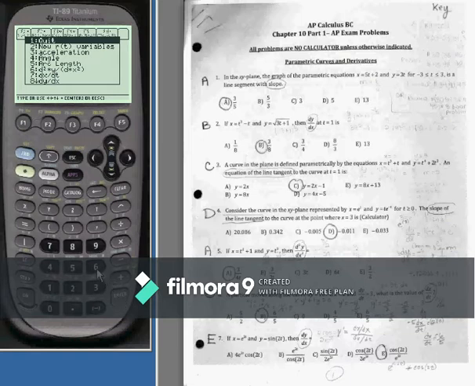And we're going to choose what they ask for. In all my physics problems and calculus, they ask for something. Here they're asking for the slope, so that's what you're going to choose in this menu.